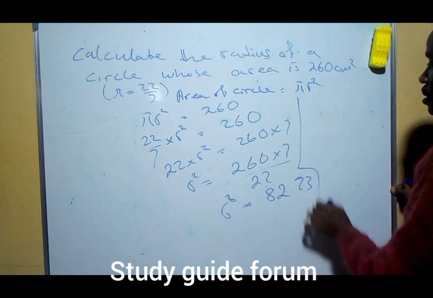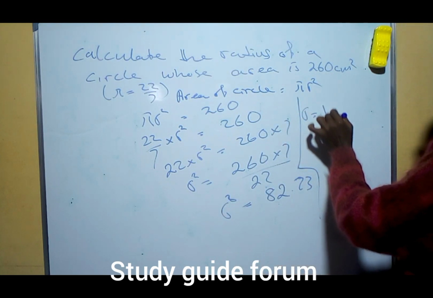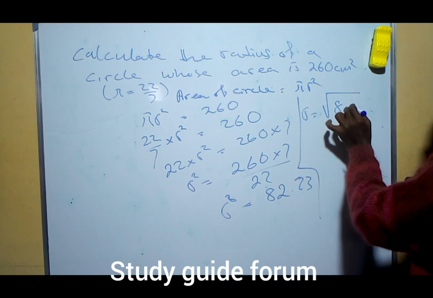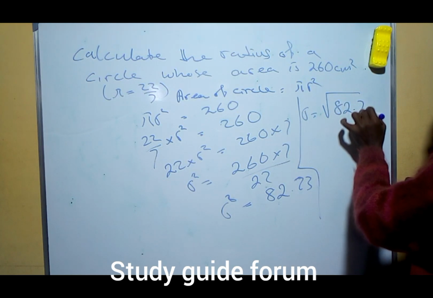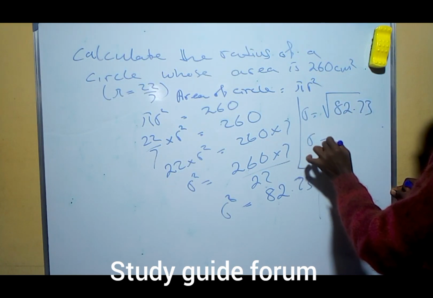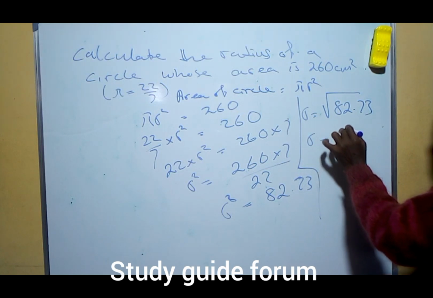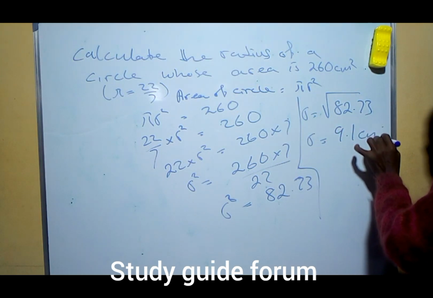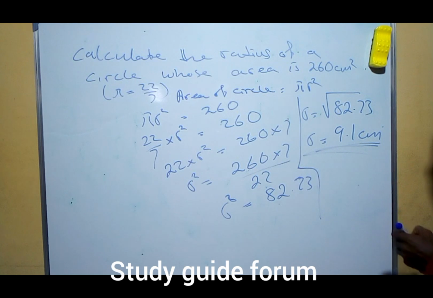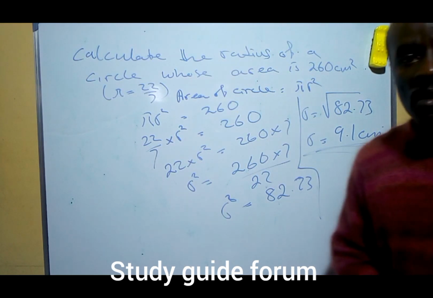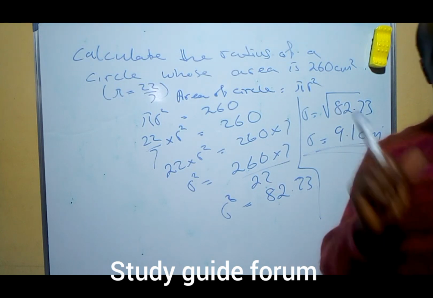So to get r, we have to get the square root of this. So the square root of it will give us the final answer.